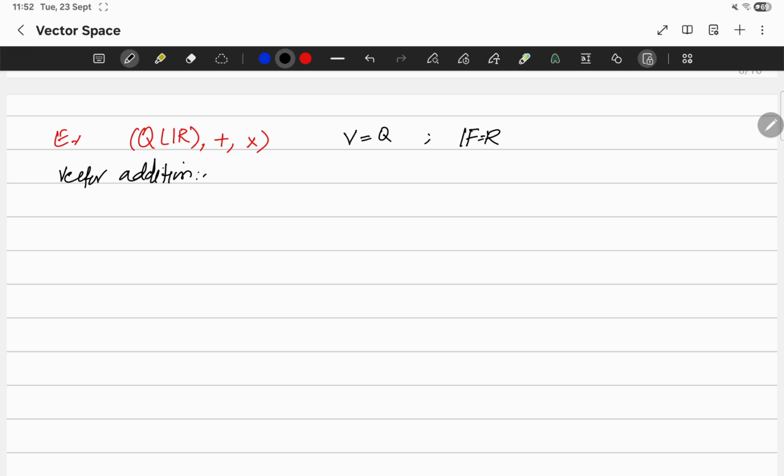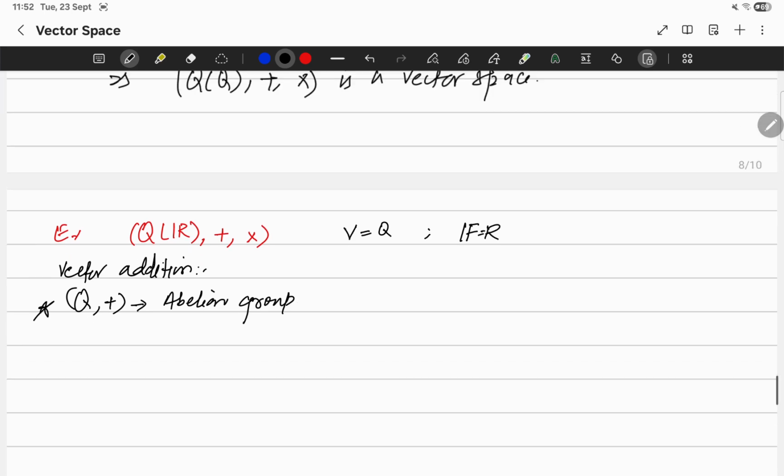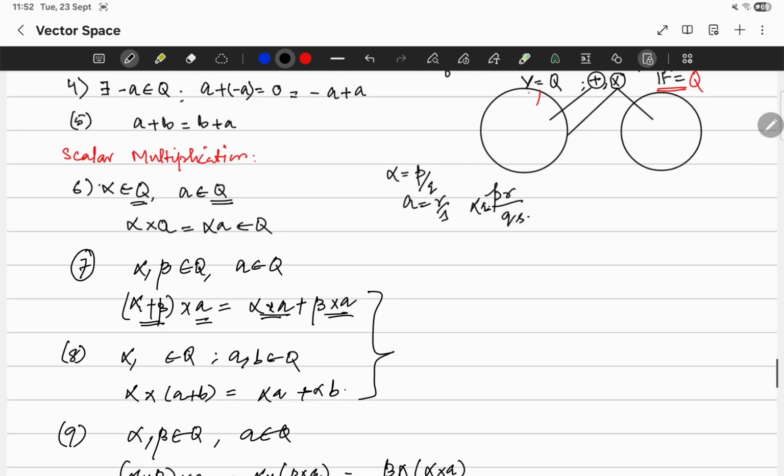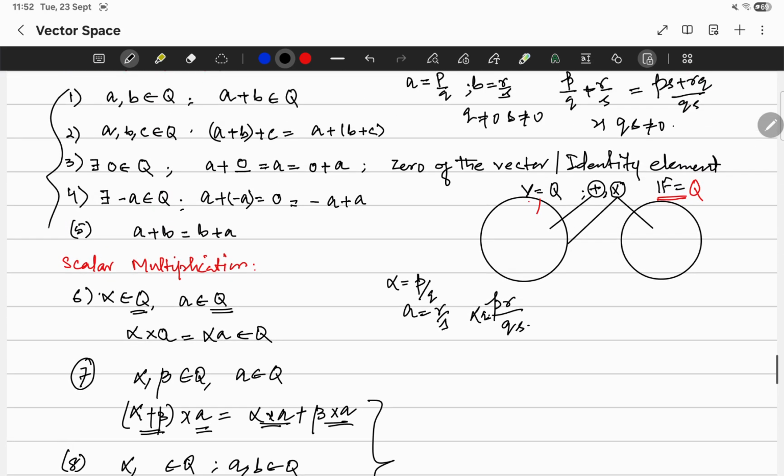So now take any two vectors. With respect to addition, Q is an abelian group, so that means vector addition is satisfied. In short, I am writing it this way because we have already proved all the properties of Q with respect to addition.